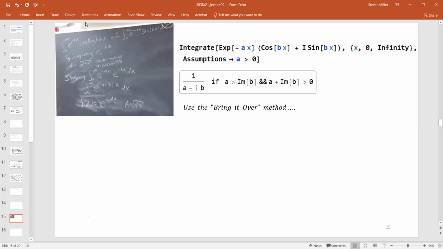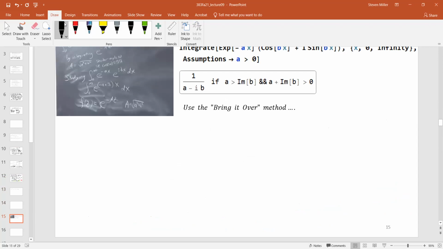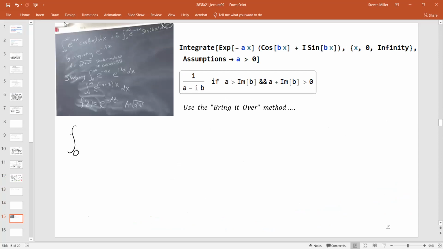All right, and so another one which I go through in detail in the notes from the previous year was looking at the integral of the function. I'll just write it out here again. We are looking at the integral from 0 to infinity of e to the ax cosine bx dx.